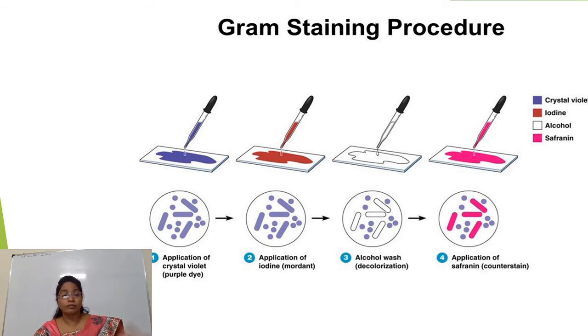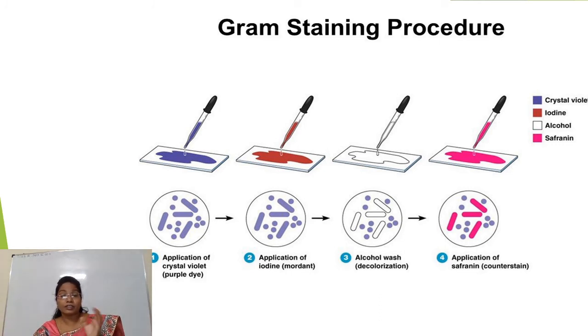After that there is use of alcohol. Alcohol acts as a decolorizing agent. After application of alcohol, there are some bacteria which lose the purple color.